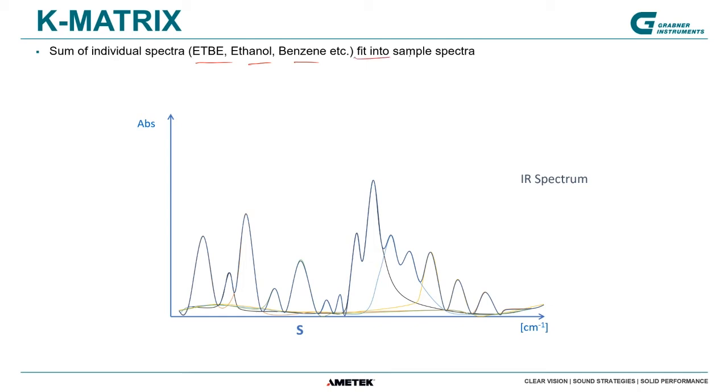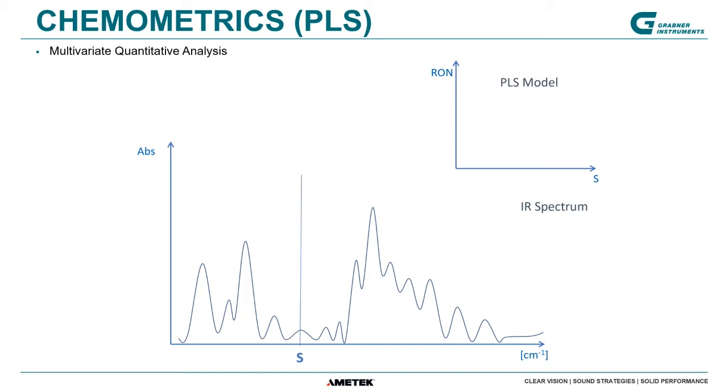And if you are fitting this into the sample spectrum, the fit parameters are proportional to the concentration of these individual components. So you can again get the concentrations, but even though you have a lot of overlapping peaks. So that's the good advantage of the K-matrix method.